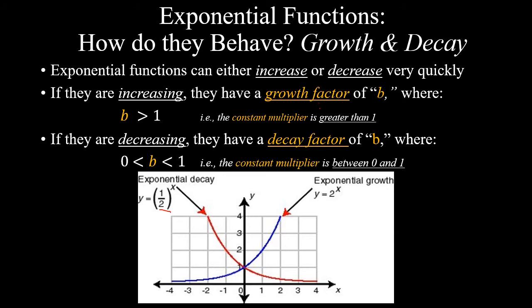For us to have decay, our b has to be negative? No, no, no, no. That's only with linear functions when we're talking about negative slopes. Remember, we can't have a negative b at all, ever, for exponential functions. So if we're dealing with decay, we're dealing with a fraction or a decimal, a number between 0 and 1, okay?